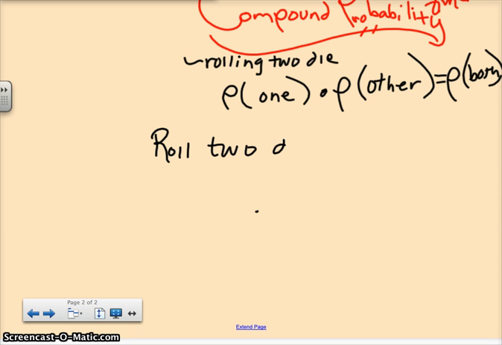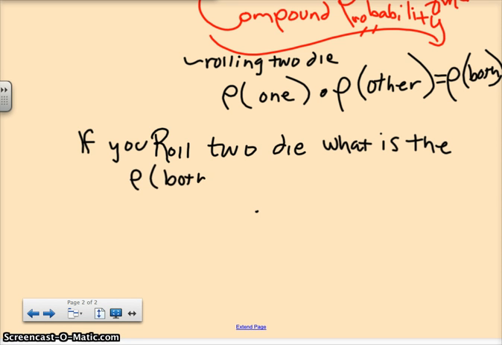For example, let's say that you roll 2 die. Maybe I should say if you roll 2 die, what is the probability that they are both heads? Okay, what's the... dang it.